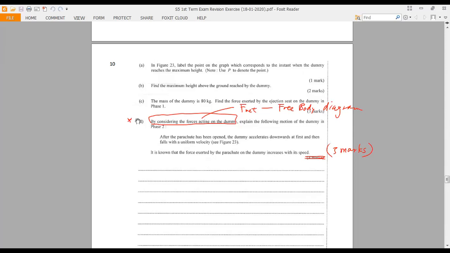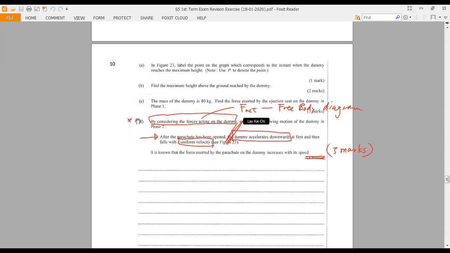After the parachute has been opened, the dummy accelerates downward at first, and then has uniform velocity motion. There are 2 parts.